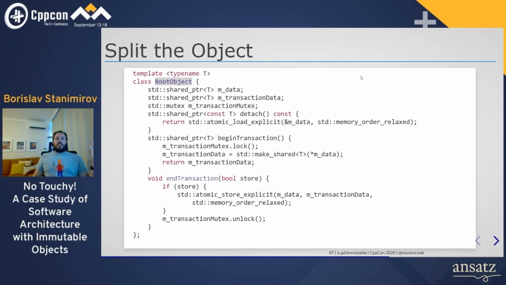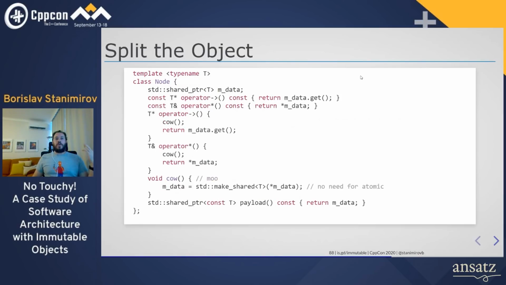So I did say the root object word. In this case, let's make our object a root object and split it. Let's make the other parts of the object nodes. The node is something different now. The node has ways to get the data, like const access to the data, and non-const access to the data. When you do non-const access, when you want the data as a mutable reference, you copy and write.